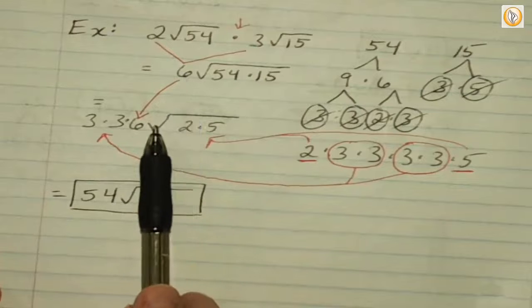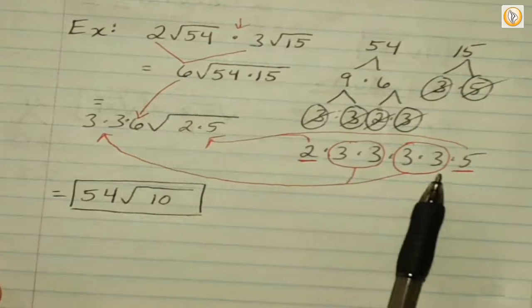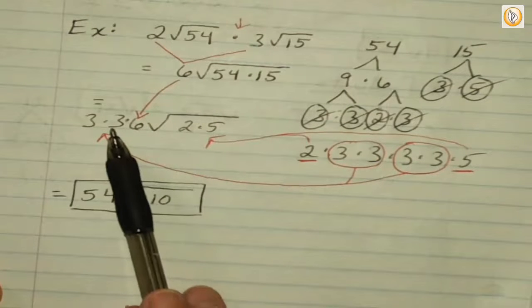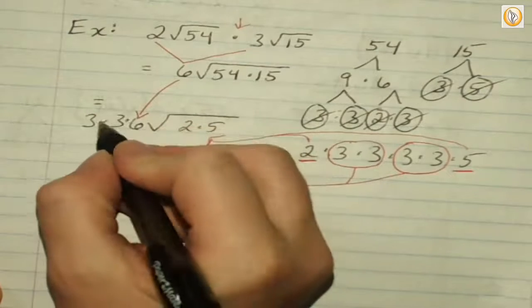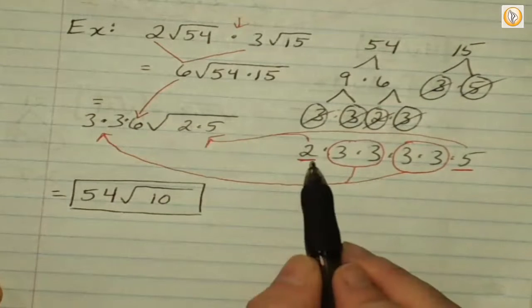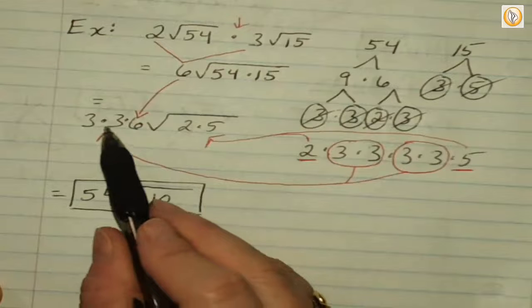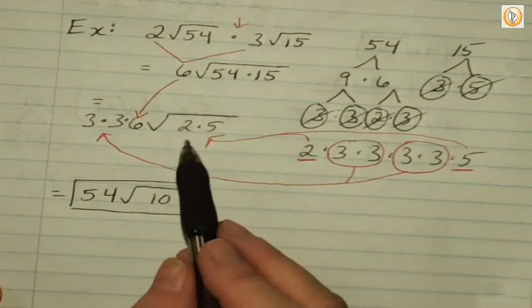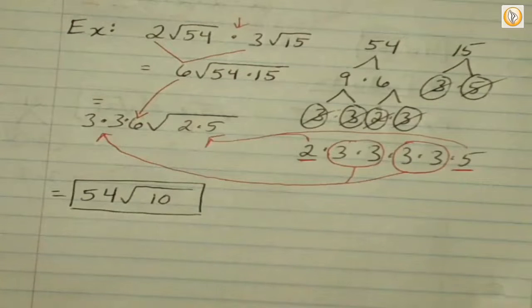So I bring that down, and then just like we've been doing, the circle pairs we put on the outside, and we're multiplying all of them together. My 2 leftovers go on the inside. So multiply all that, you get 54. Multiply the inside, you get 10. You done?